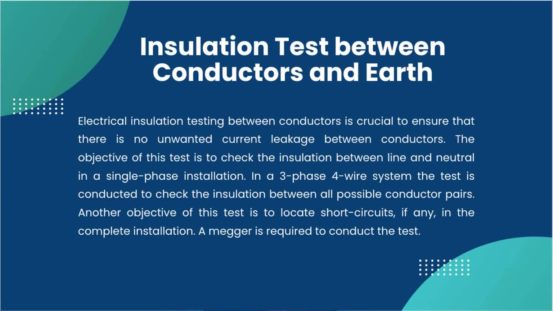In a 3-phase 4-wire system, the test must be conducted to check the insulation between all possible conductor pairs. Another objective of this test is to locate short circuits, if any, in the complete installation. A Megger is required to conduct this particular test.